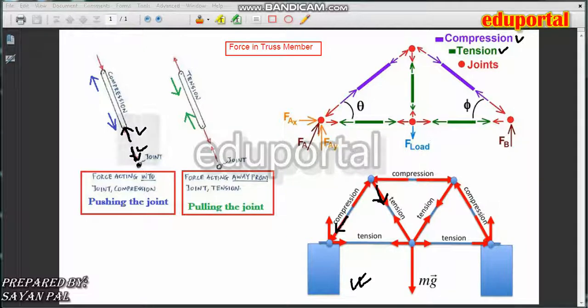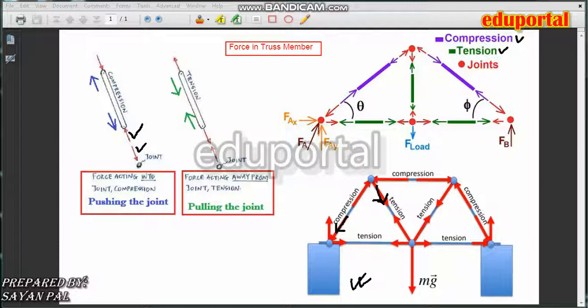So we have here two types of force. This force is given by the member to the joint and this force is given by the joint to the member. Now when the joint is giving the member this force, there will be internal forces developed in the member.